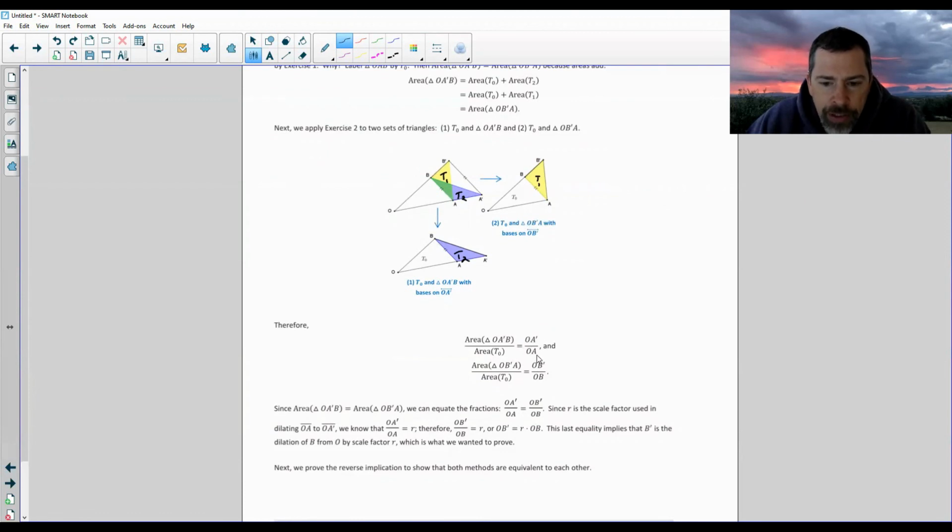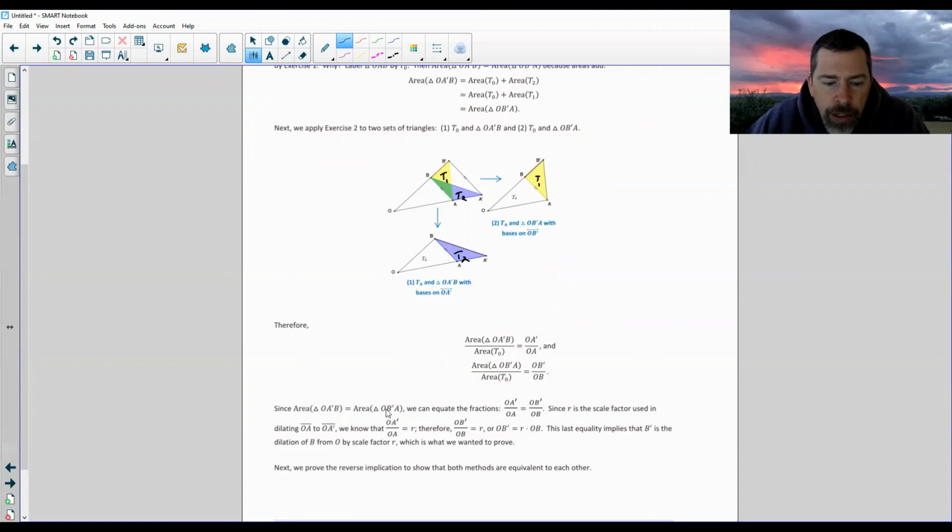And then also area of OB prime A over area T naught, which is OBA. The 1/2s cancel and the altitudes are what's left. So OB prime over OB. So it's a ratio of the whole thing divided by the ratio of the original.